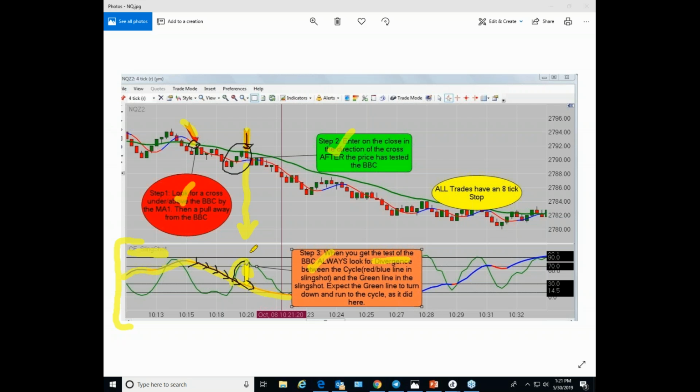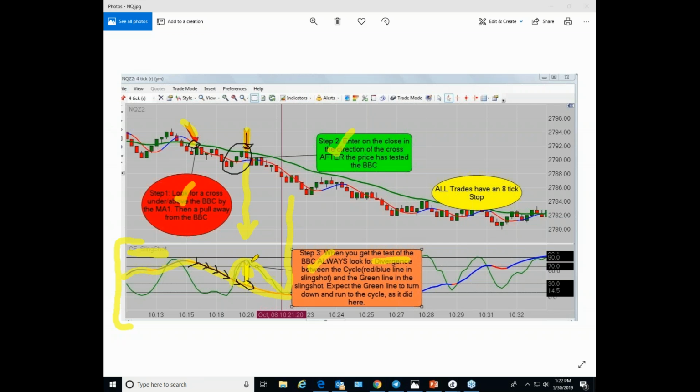Because in the end, here's what we expect to happen. You're up like $600 on it right now. Ultimately, the green line is going to come down and gravitate and touch the cycle, as it does here. This is the normal thing.